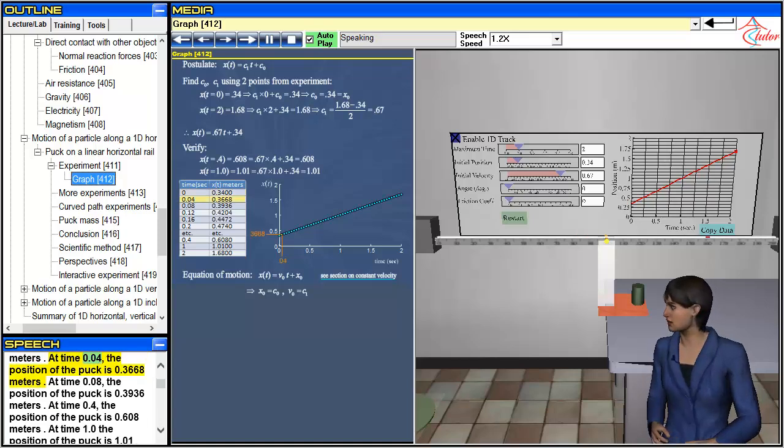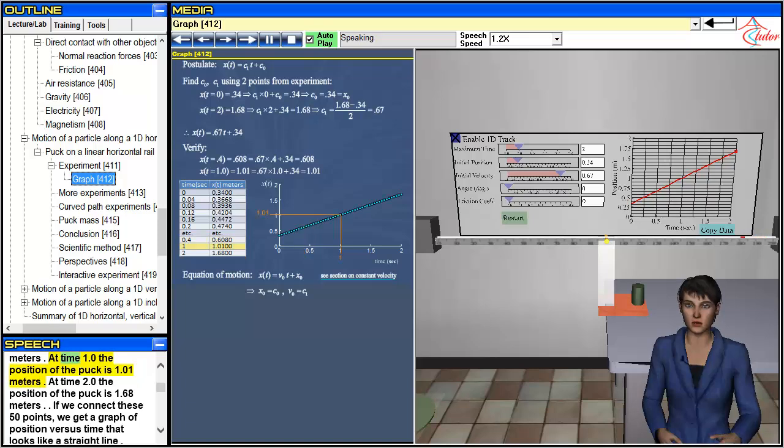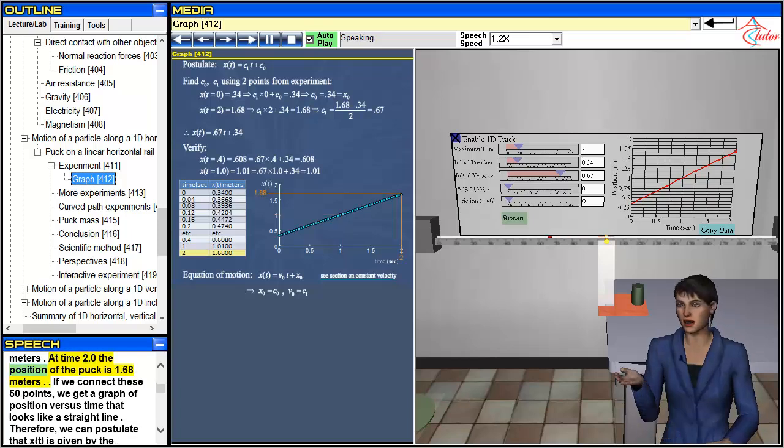At time 0.04, the position is 0.3668 meters. At time 0.08, the position is 0.3936 meters. At time 0.4, the position is 0.608 meters. At time 1.0, the position is 1.01 meters. At time 2.0, the position is 1.68 meters.